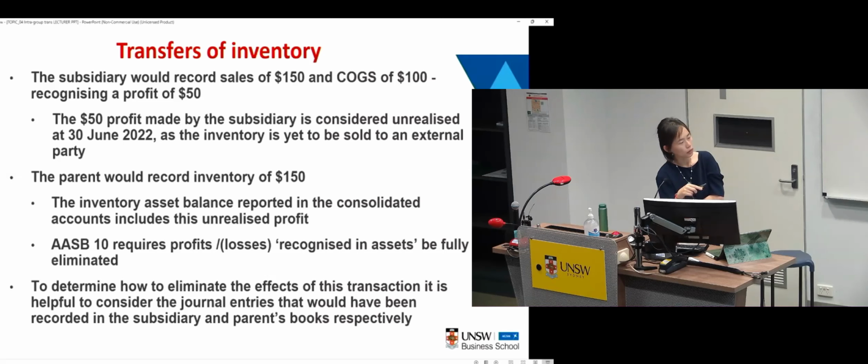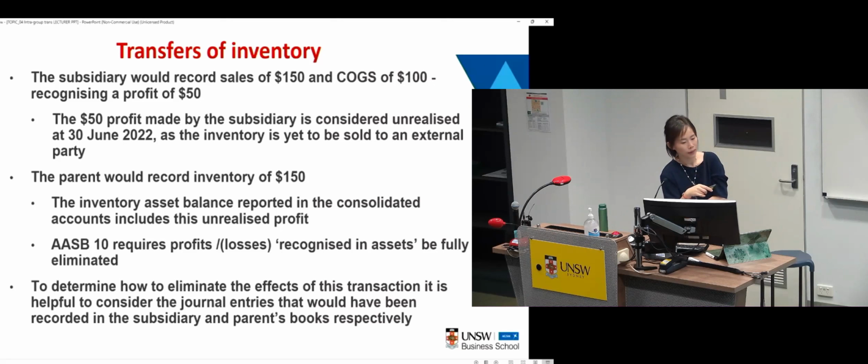So you can see included in the subsidiary's record, there is a profit earned from this intragroup transfer item. Now, this 50 profit remains unrealized because all this inventory is still on hand.